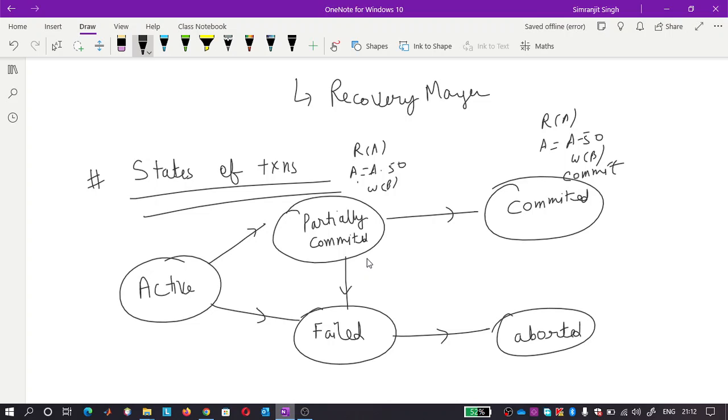But because your scope is still here only, you are only in the main memory. Your changes have not been transferred to the secondary memory, that is why it is partially committed. So at this stage there can be some kind of failure. That is why there is an arrow from partially committed to failed. Okay, so this can happen.